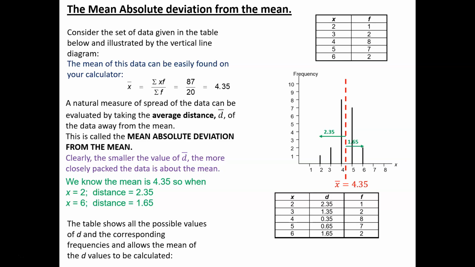Having got this table, we can calculate the mean of the d-values. Doing this on the calculator gives us a mean distance of the data away from the mean of 0.785.